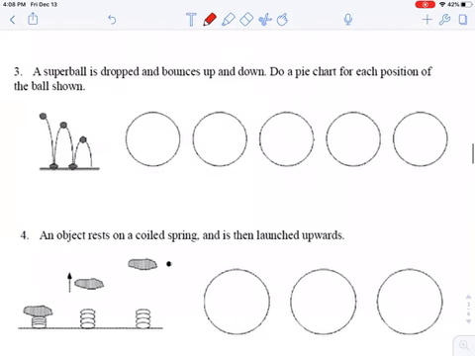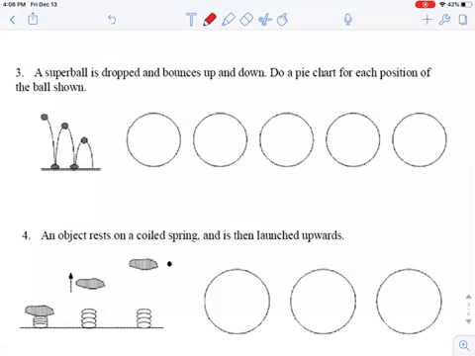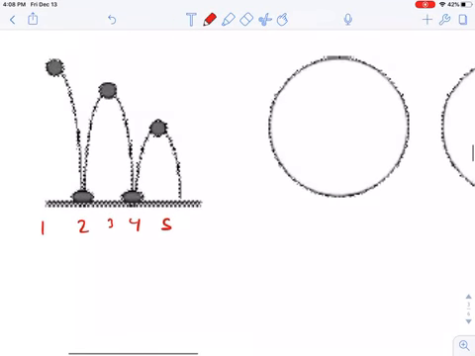Here's another example. A super ball is dropped and bounces up and down. Do a pie chart for each position of the ball shown. Okay, so I'm going to number these 1, 2, 3, 4, 5. And then I'm going to number the pie charts. So at the beginning, the ball has all gravitational potential energy. It has energy due to its maximum height.